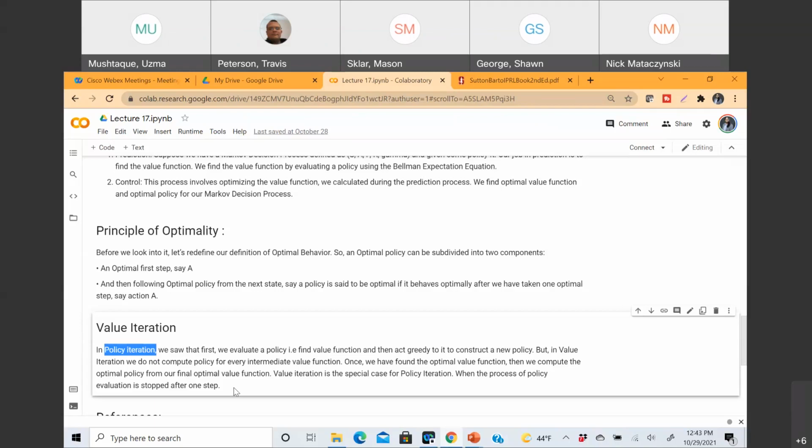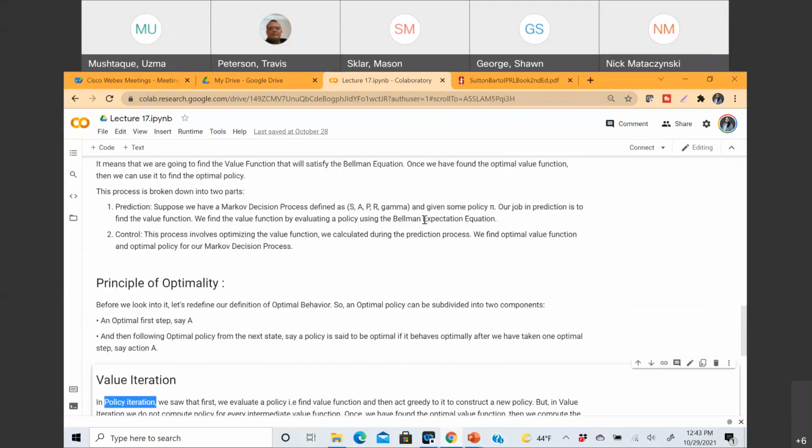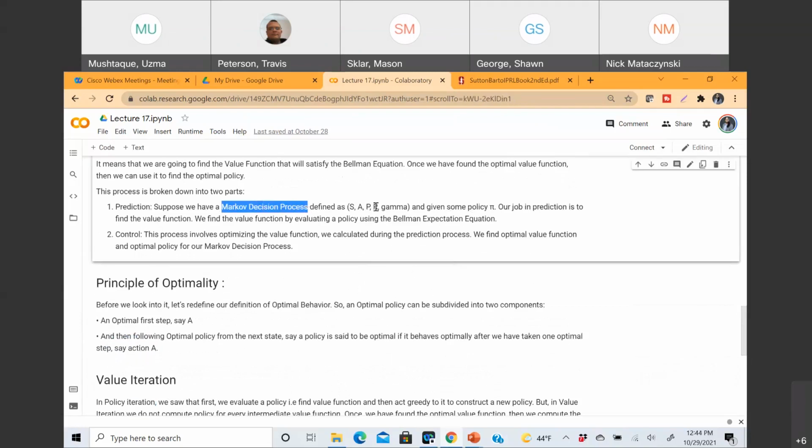So let's reevaluate what we are doing. We are trying to find the best value using my Bellman expectation equation for my Markov decision process, which I have defined using these parameters, given some policy pi. And once I get the best value function, I can evaluate a policy because I can use the Bellman expectation equation to see the expected value for that policy and then do something with it.